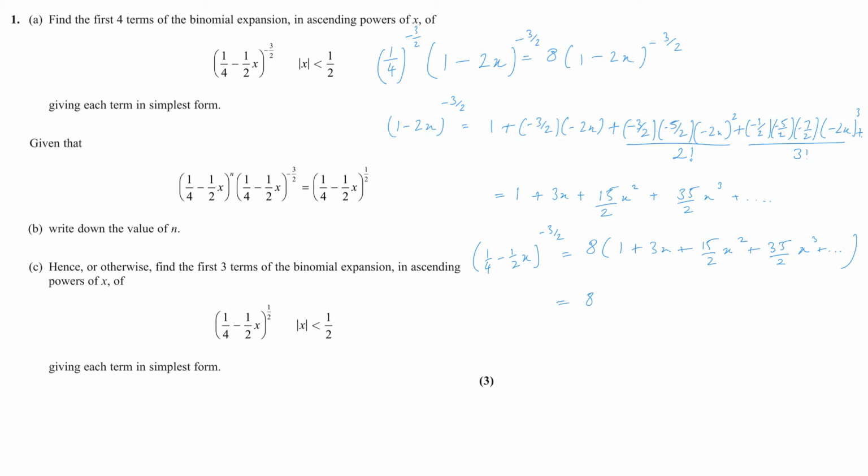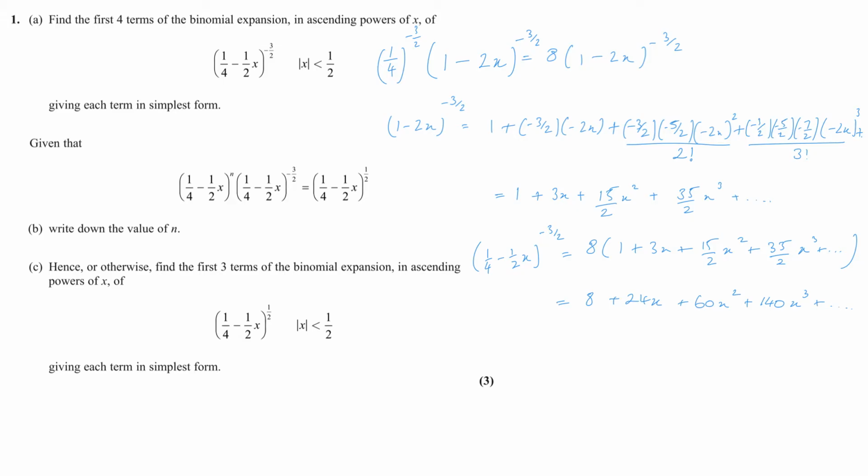Okay, so that's 8 plus 24x plus 60x squared plus 140x cubed. And that's all there is to the expansion. So first 5 marks, relatively straightforward.